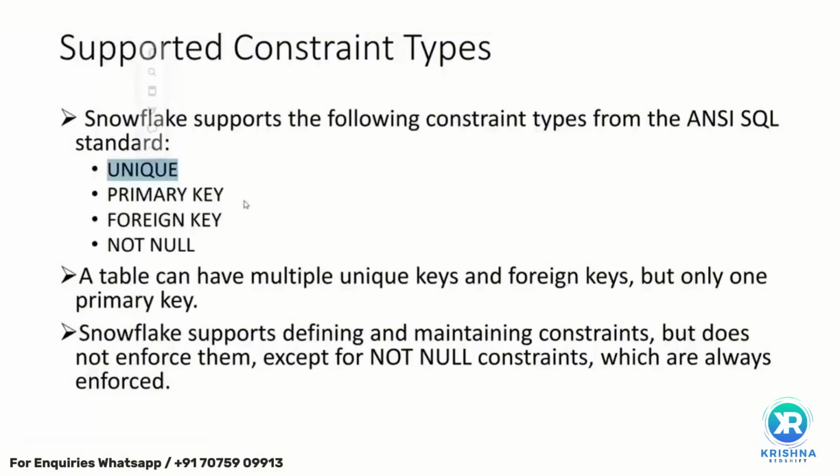Similarly, primary key, as we already said, if you define any column as primary key, it should be unique and not null. That means it will not take duplicate values, and it will not allow null values in that column. Primary key means, as we already said, unique plus not null.